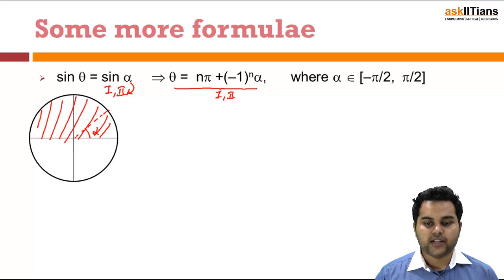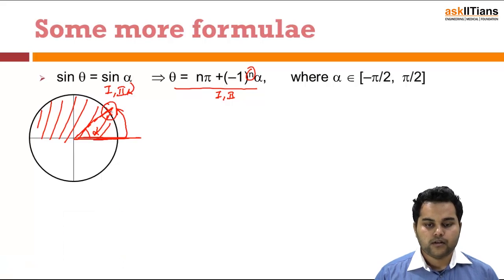If I put an even value, I would get 2 pi, that would be lying here, then minus 1 raised to n, where n is even, would give a positive term, so that will be n pi plus alpha. So n pi plus alpha, where n is even, will be lying here, plus alpha in the anti-clockwise direction again, so I would get the value at the same point where alpha was located.